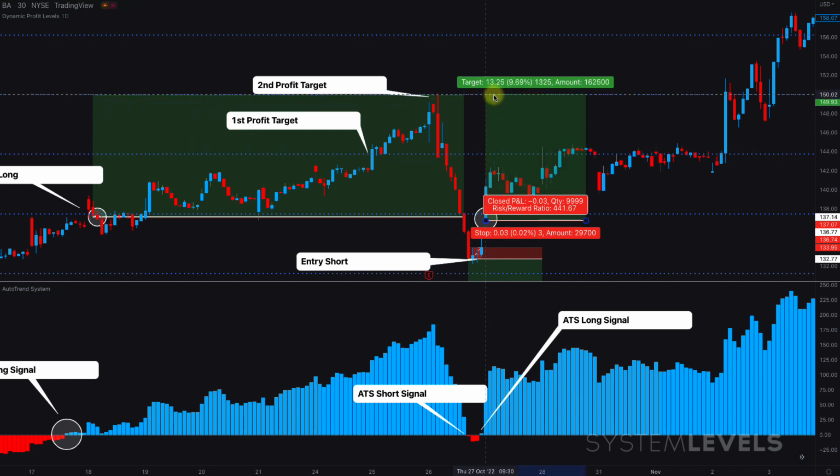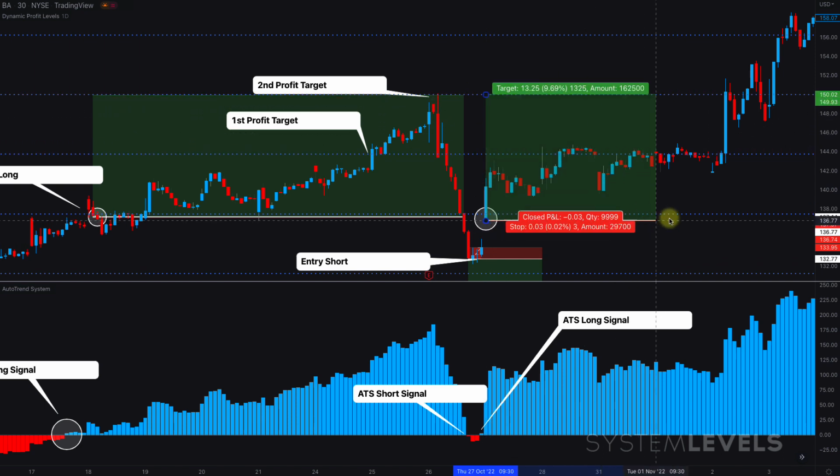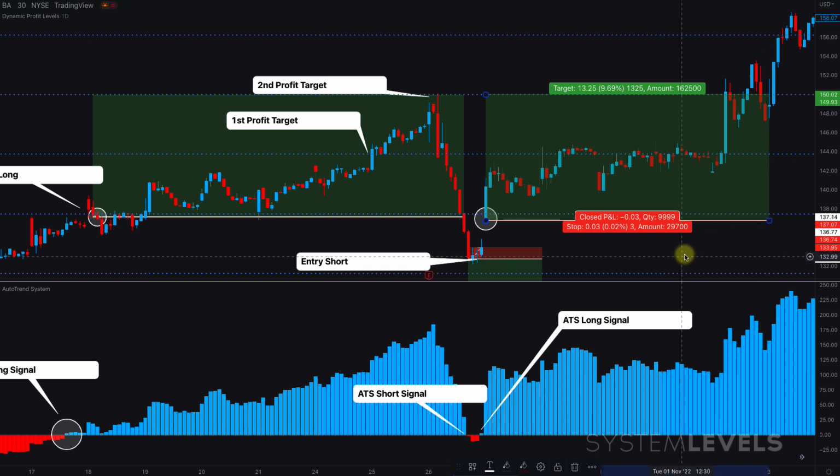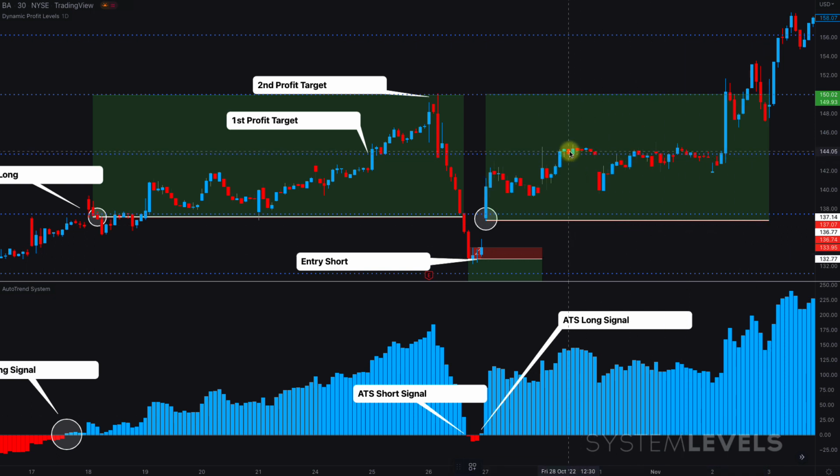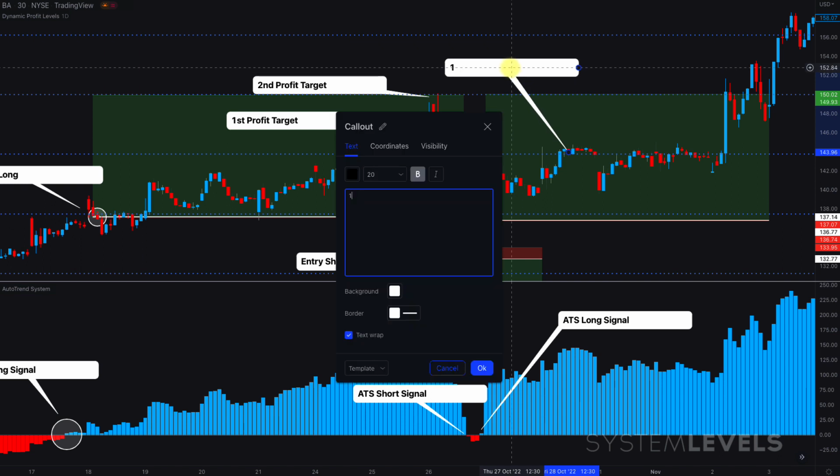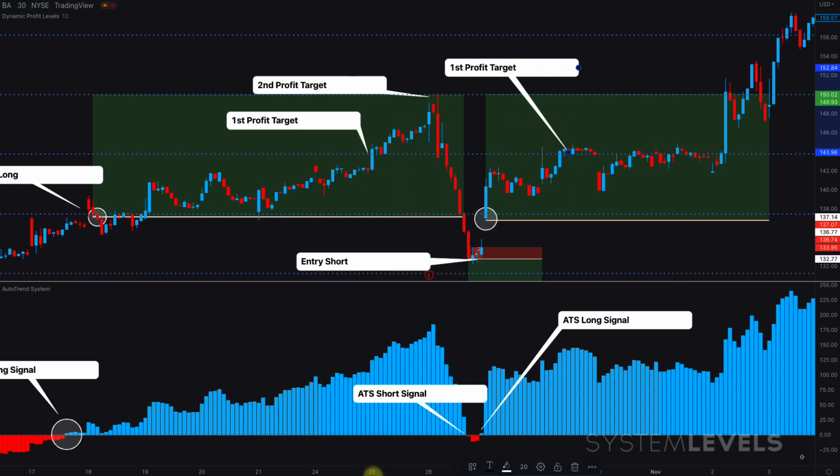We end up hitting our second profit target right here. Let me just go ahead and mark this so we just keep it nice and tidy. So first profit target reached here, and we get our second profit target here.